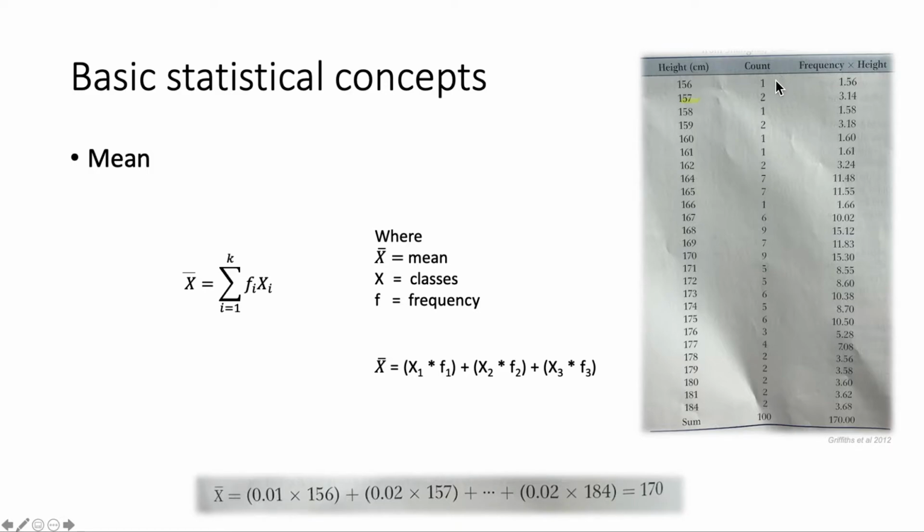And then we have two individuals here that have 157. As we know how many samples in the population have each phenotype or class, we just have to multiply the frequency of that phenotype by the phenotype itself.